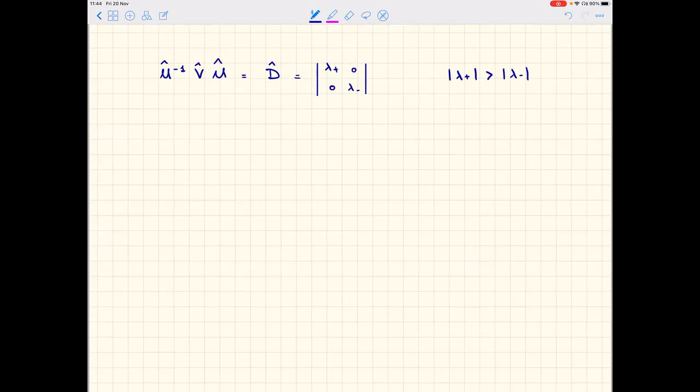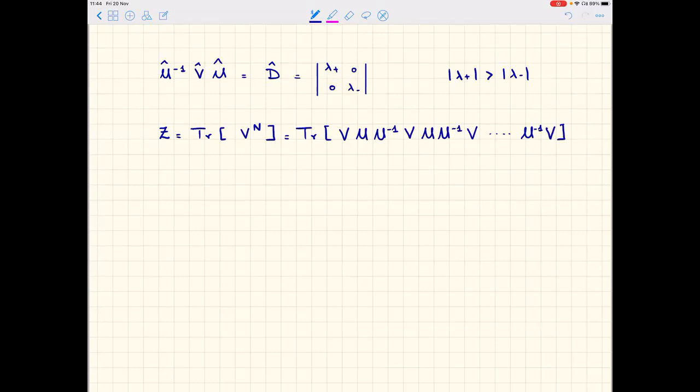Since Z is equal to the trace of V to the power N, I can now write this as the trace of V U minus 1, V U minus 1, V, etc., U minus 1, V. Why?